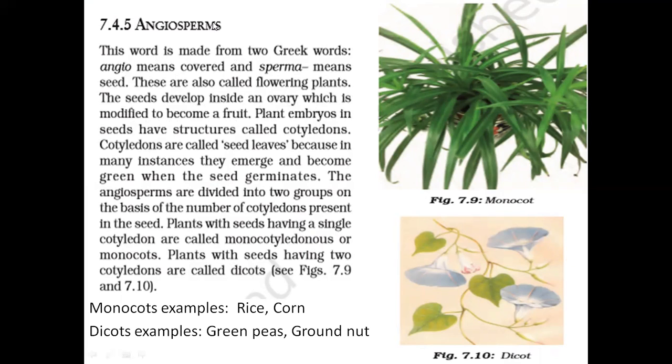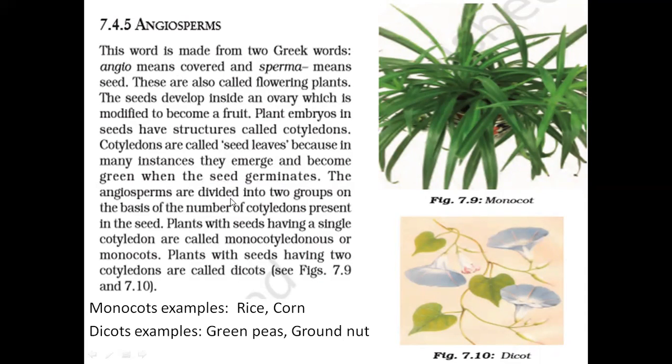Now, plant embryos in seeds have structures called cotyledons. Cotyledons are called seed leaves because in many instances they emerge and become green when they germinate.